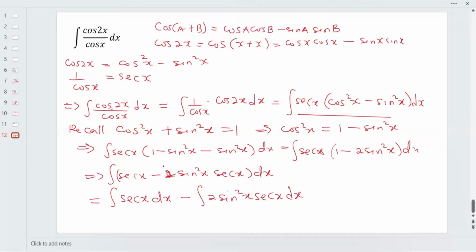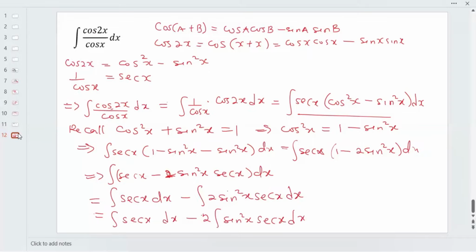Since 2 is a constant, I bring it out, so we have 2 times the integral of sin squared x sec x dx.